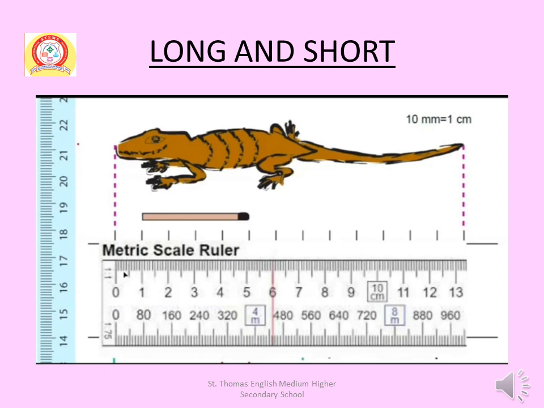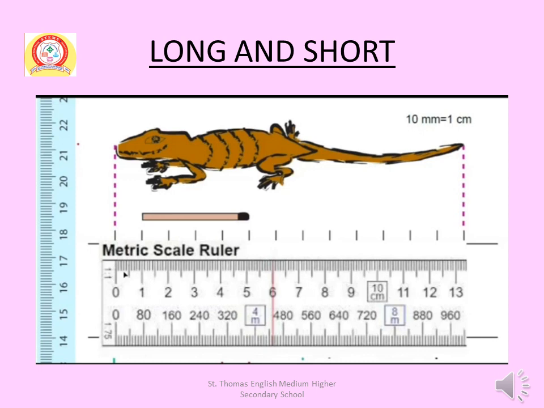So these smaller divisions between 0 and 1, 1 and 2 and so on are for measurement of smaller objects and are called millimeters.